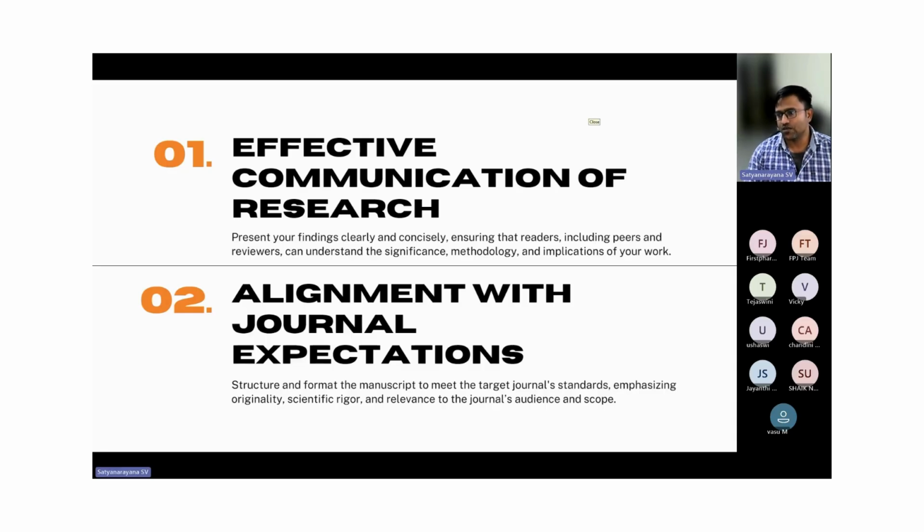That is the first objective. The second is that while writing your paper, you must always align with the journal expectations. Every journal has some expectations, and only if you meet those will your paper be considered for publication. Always remember these two things.